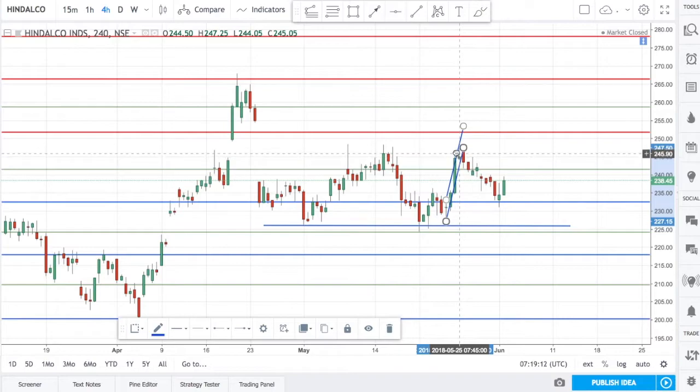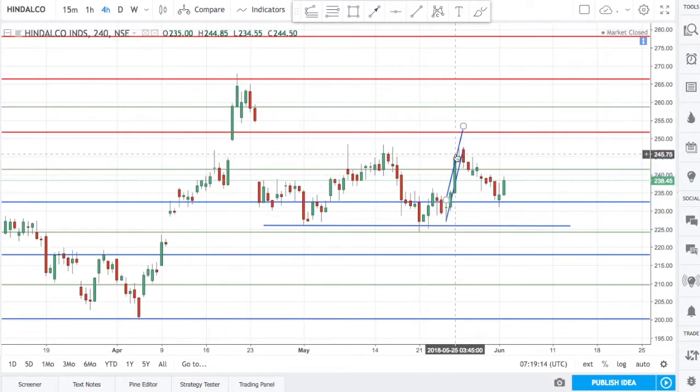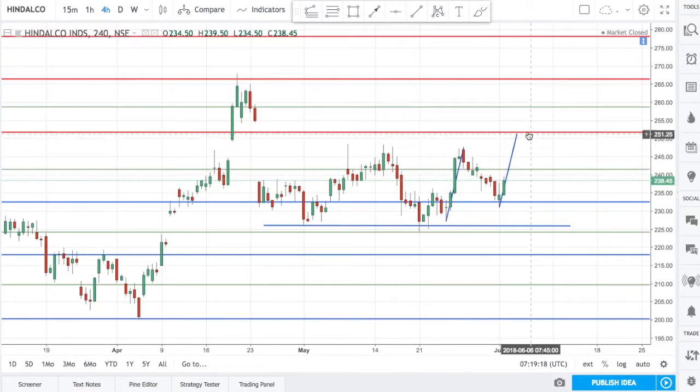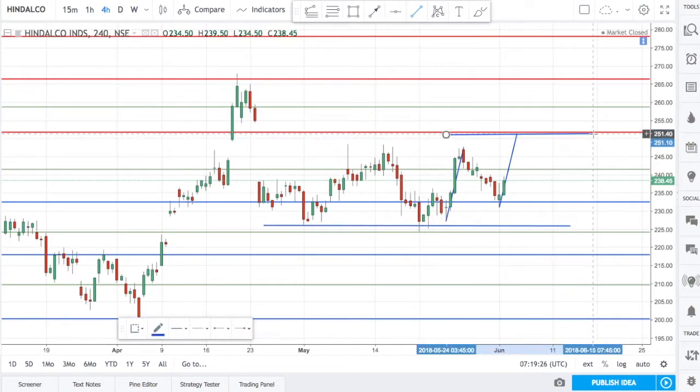Taking a clone and placing it here gives our CD completion, or the decompletion point. Let's mark our decompletion point with a line.